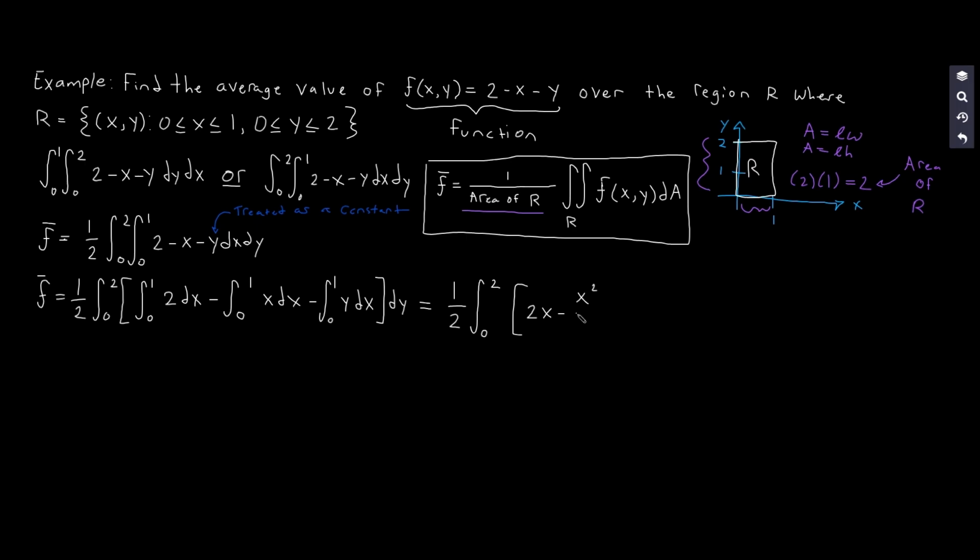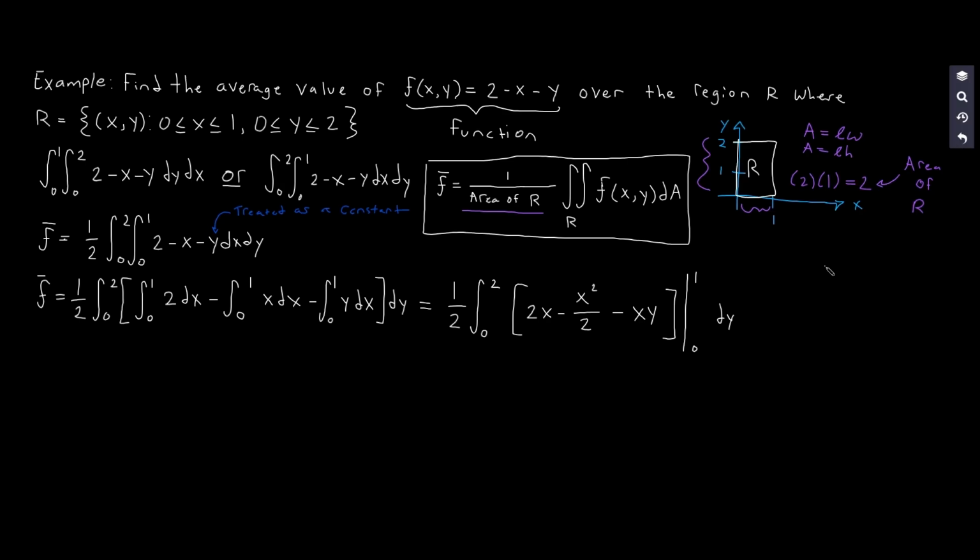So it's going to be 2x squared over 2, hmm, x squared over 2. Minus, well, y gets treated as a constant, so we're just going to put an x onto that y. So it's going to be 1/2 times the integral from 0 to 2 of 2 times x minus x squared over 2 minus x times y, evaluated from 0 to 1, I'm pretty sure.